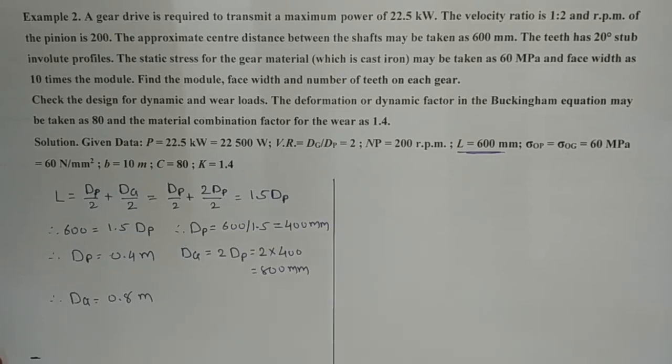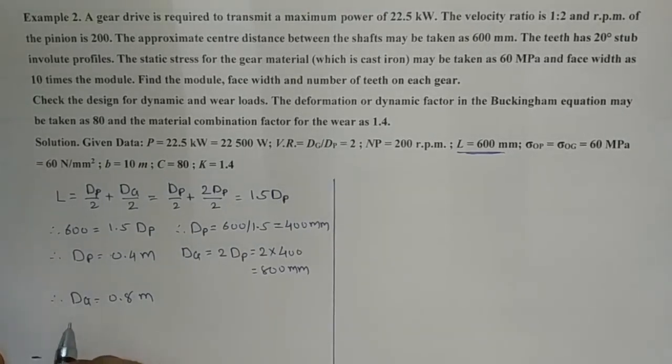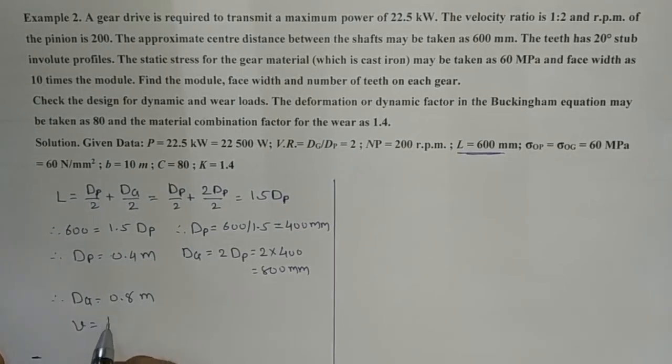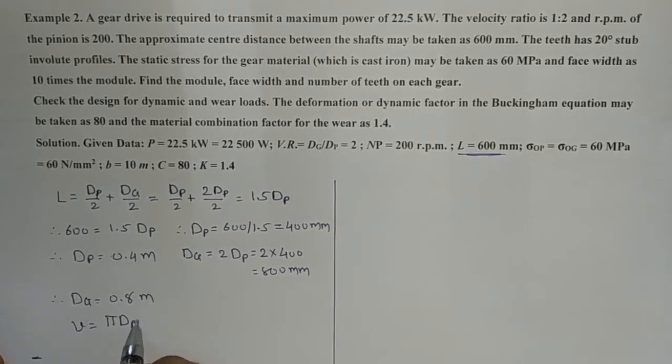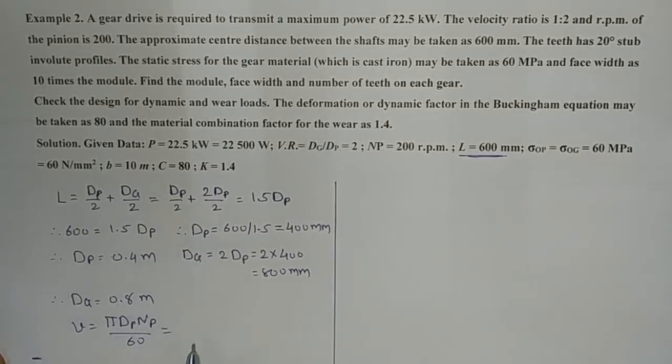So now first of all find out the pitch line velocity V. Pitch line velocity V is equal to pi dp NP by 60. Now put the values in this equation.